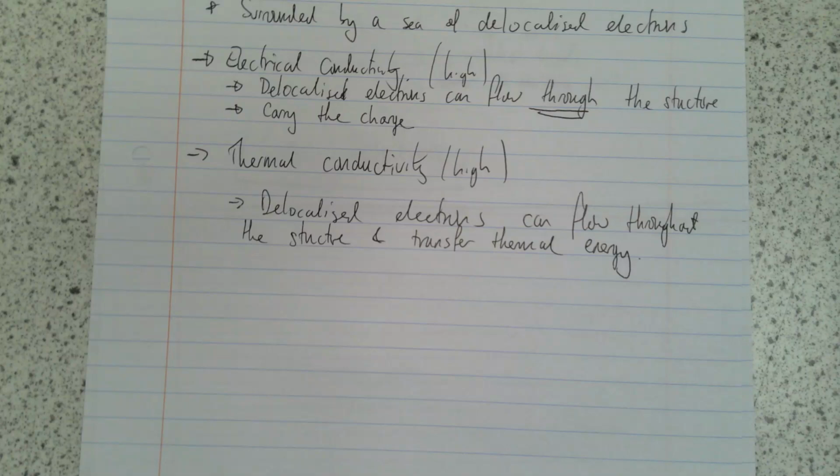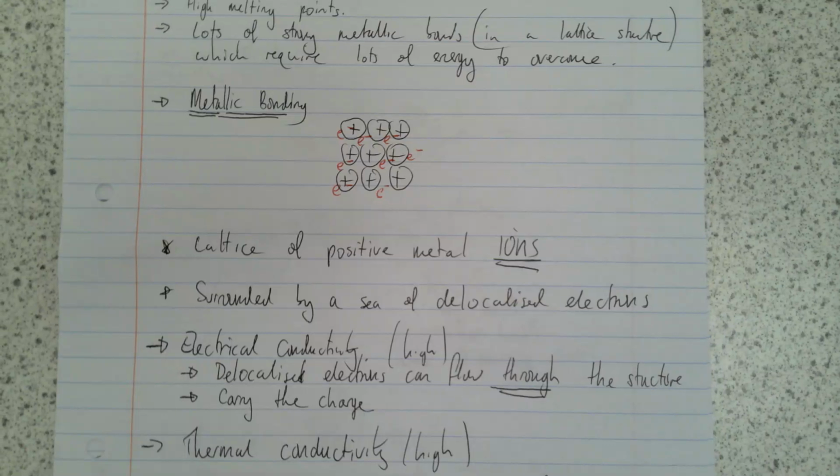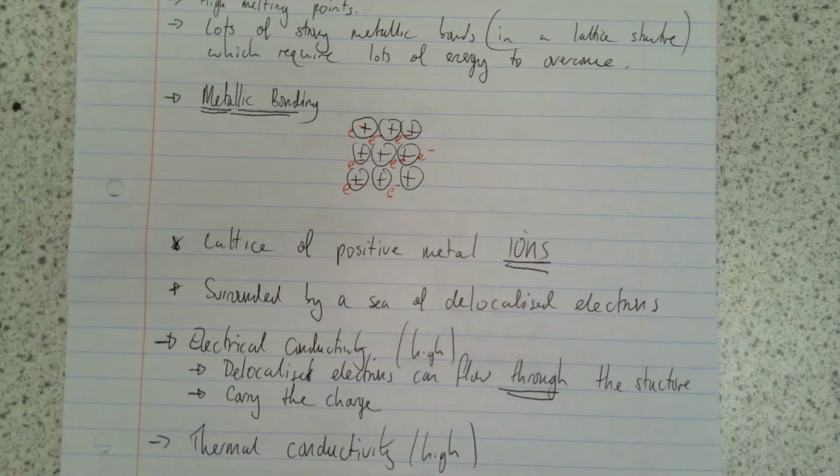There are some more general points I'm going to make about metals before I get on to dealing with the question I just put to you. So we've talked about metallic bonding. I just want to really highlight to you here that we've got that lattice of positive ions surrounded by a sea of delocalized electrons.